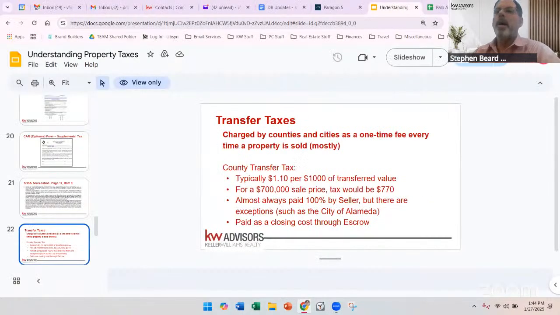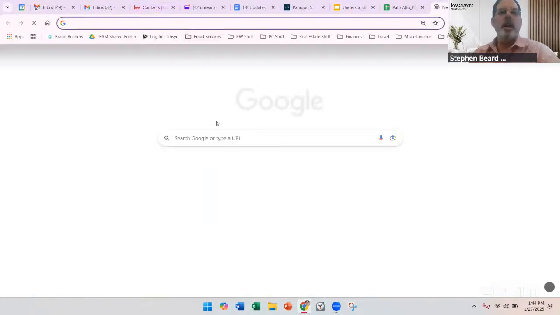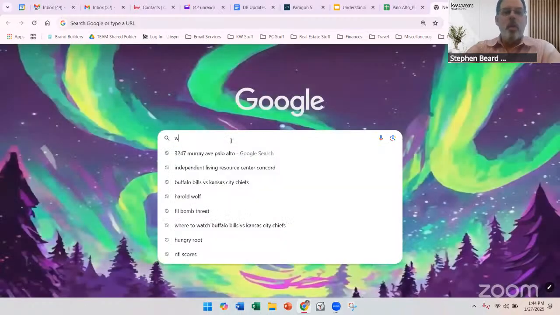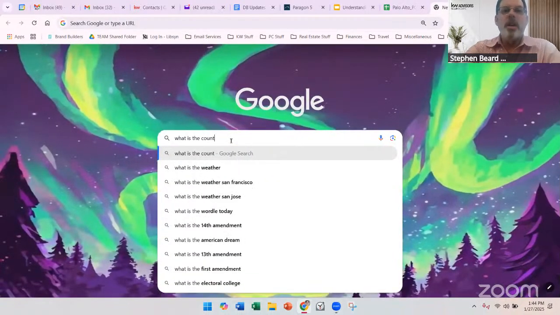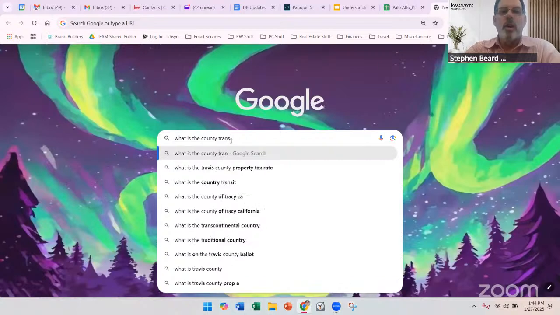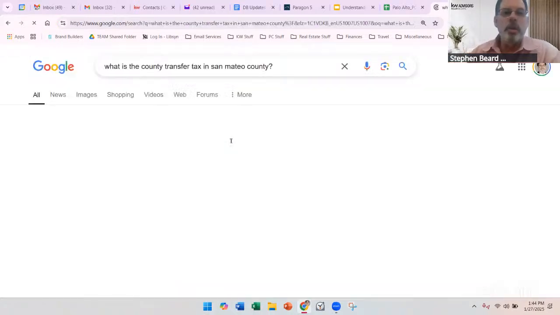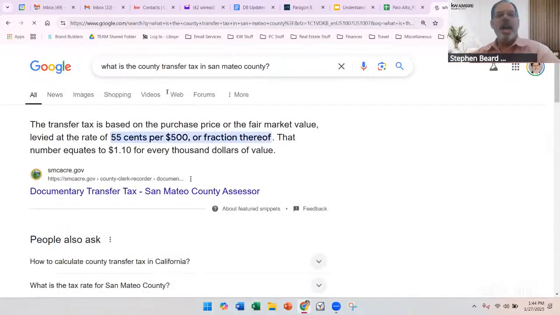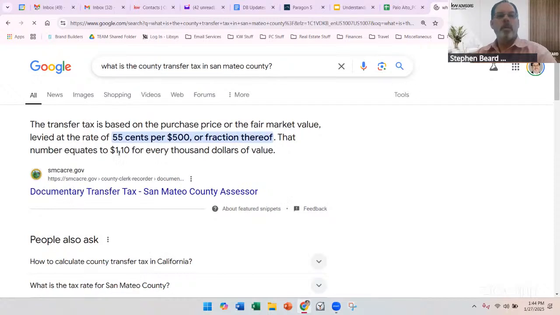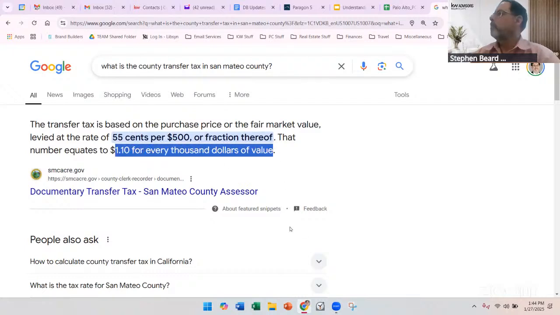You open up Google and ask, what is the county transfer tax in San Mateo County? And it will tell you it's $1.10 for every $1,000 of transfer value. Okay, that's the seller side.